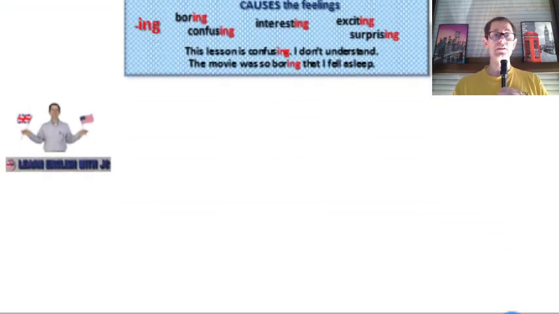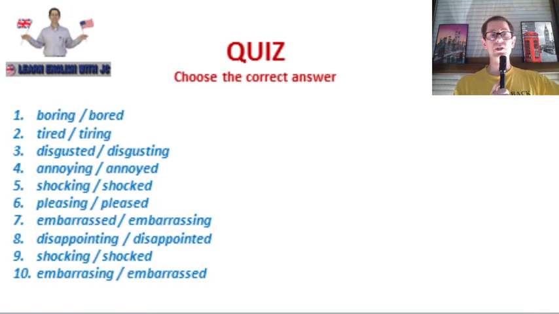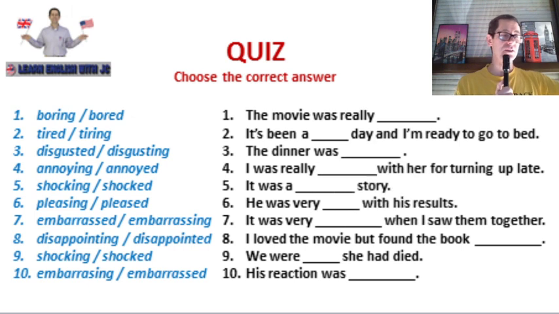All right. So now what are we going to do? We are going to do a very short quiz. You have only 2 options, a 50-50% probability, because you will have adjectives with ed and adjectives with ing.